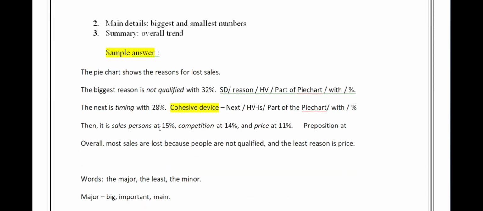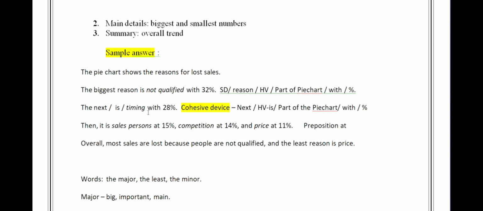So it is the cohesive device we have used, next, and the helping verb is, and then it is the part of the pie chart with the preposition with and the percentage. So how is the sentence going? The second is timing with 28%. If you're practicing on your own, then write a sentence and check it with these slashes in the middle.